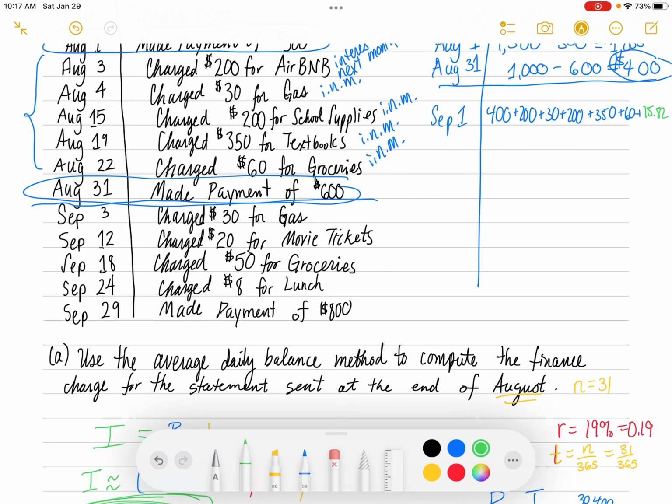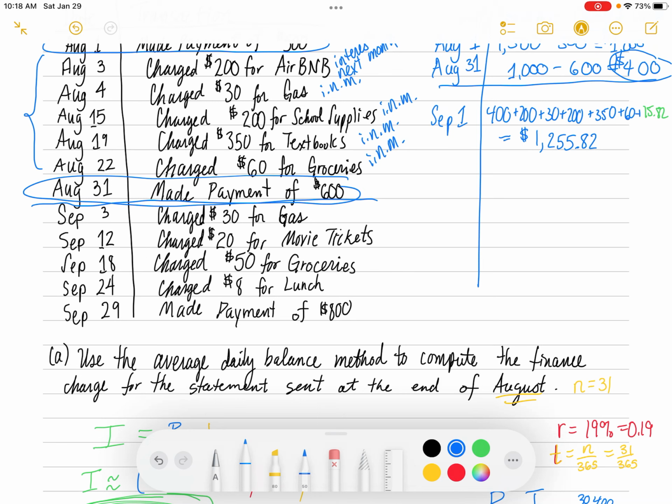So I have to add all these up, 400 plus 200 plus 30 plus 200 plus 350 plus 60 plus 15.82. And I get 125582. So my total balance for September 1 is $1,255.82.